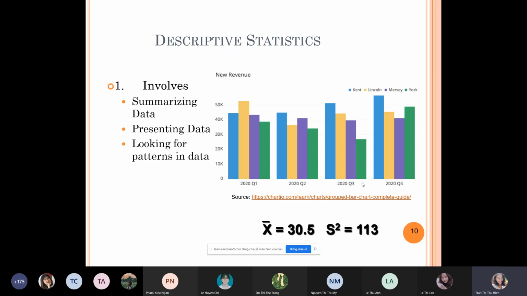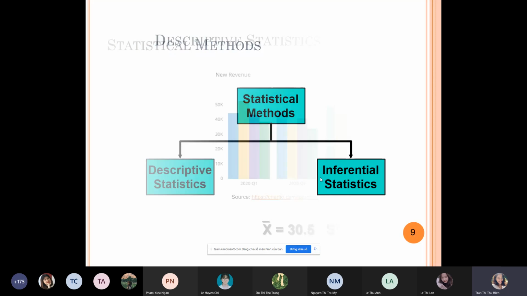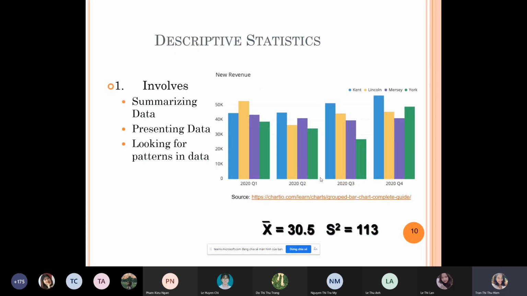For descriptive statistics, next I will explain what is descriptive and what is inferential statistics.